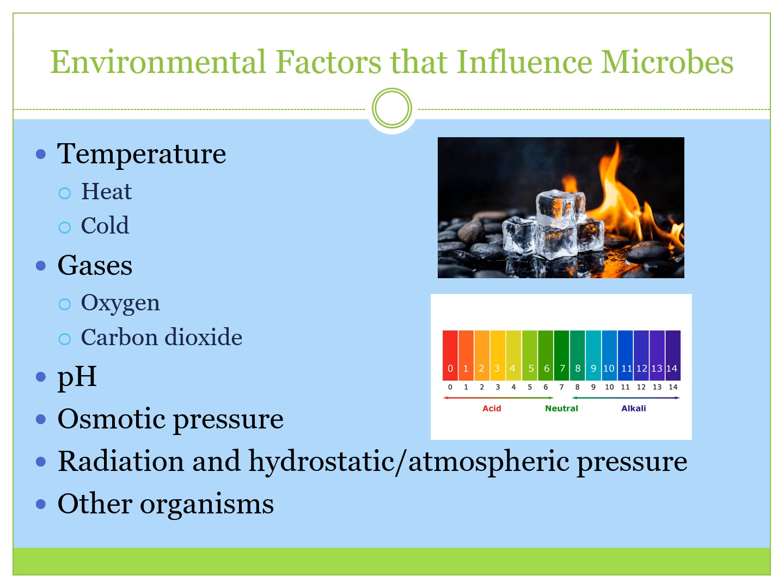Remember, we were just talking about osmosis. That's going to have to do with water. And then radiation and hydrostatic or atmospheric pressure. That one will be a little bit less interesting, but we'll still talk about it, as well as other organisms in the environment can inhibit the growth of microbes, which makes sense. We'll talk about it.